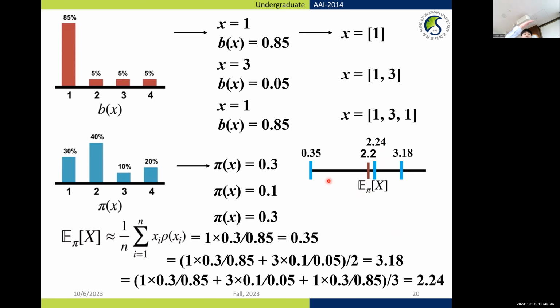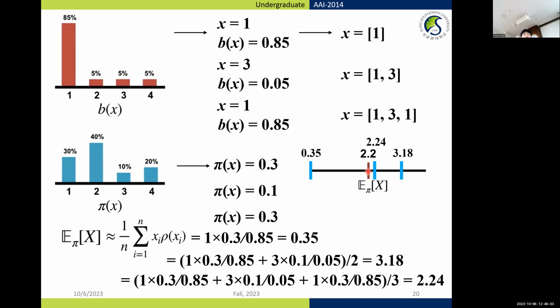If you continuously do this process with large enough samples, eventually you will get very close to 2.2. So this is the importance sampling process, how it works. Importance sampling technique is widely used in different machine learning and AI areas.